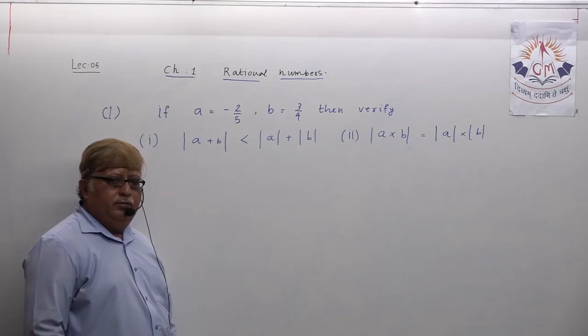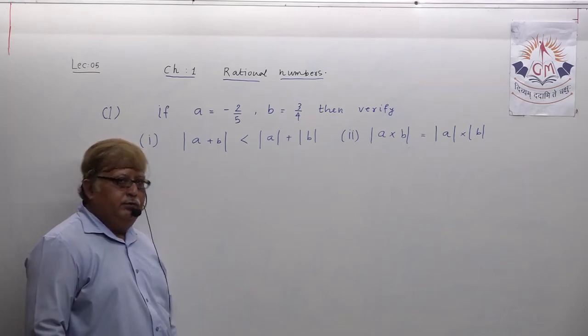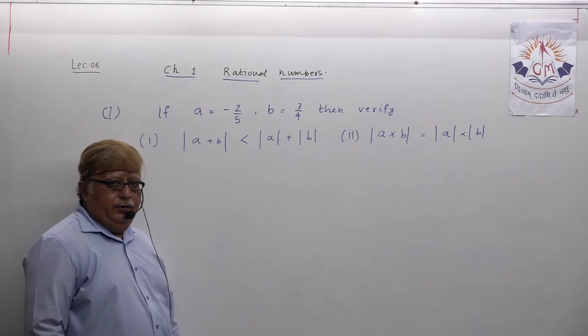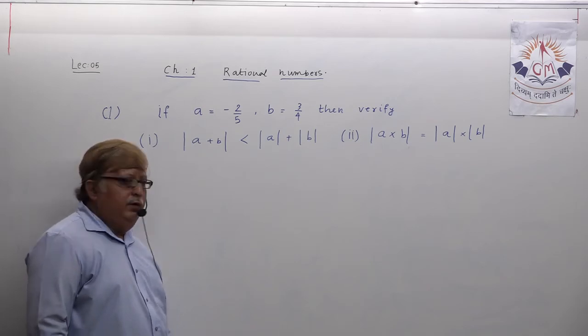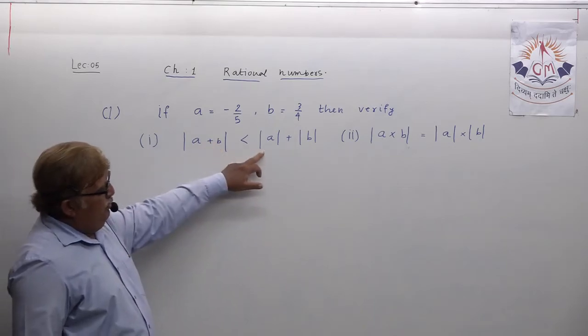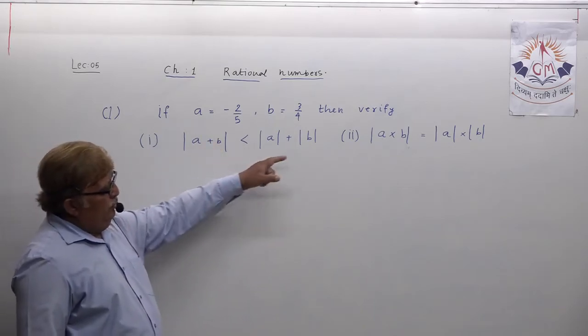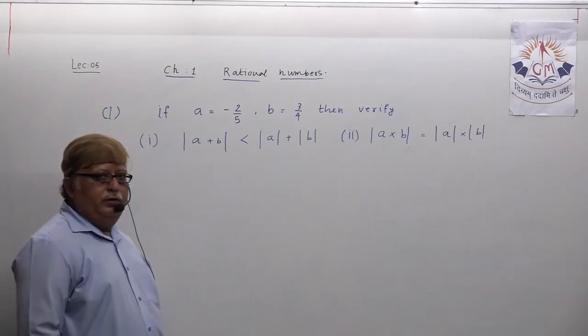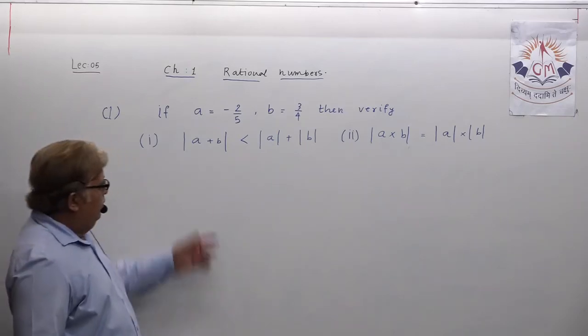Two rational numbers are given to you and you have to verify whether the first option is correct or not, and whether the second option is correct or not.